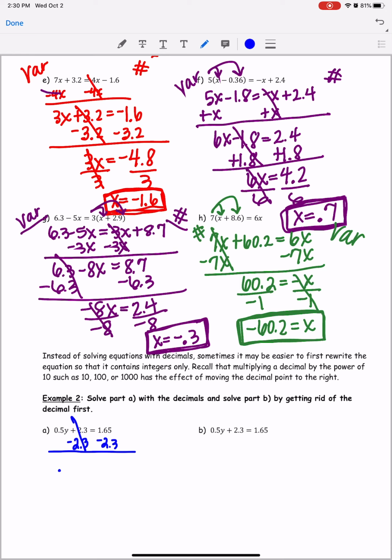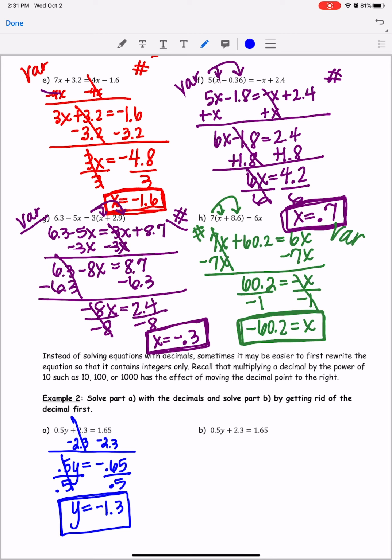So I get 0.5y equals a negative 0.65. Then we'll divide by 0.5, divide by 0.5, and we've got y equals negative 1.3. Okay, so this is how we've solved every problem in this lesson so far.